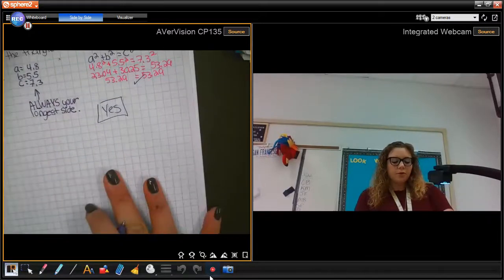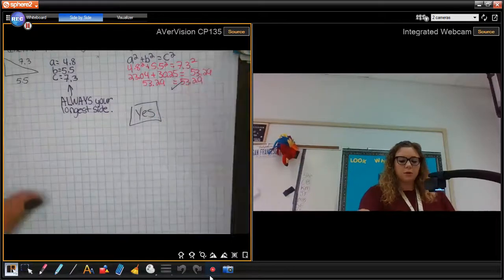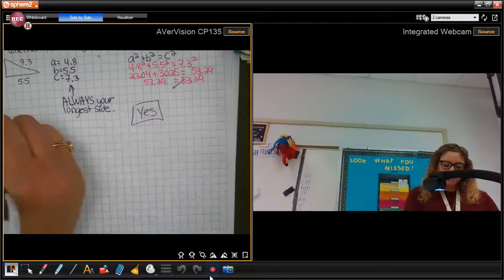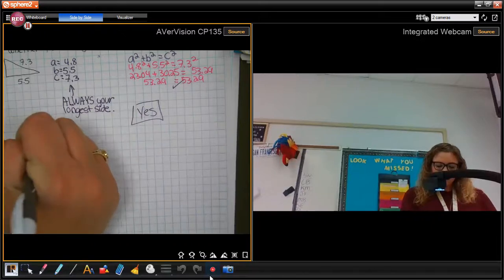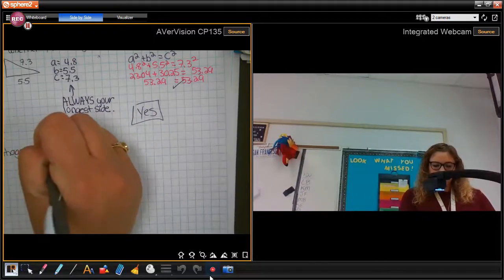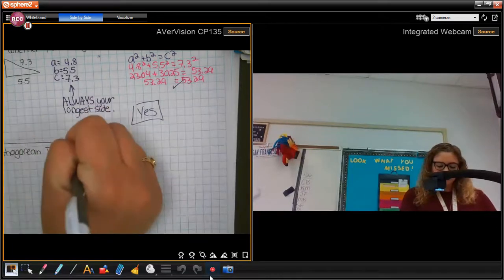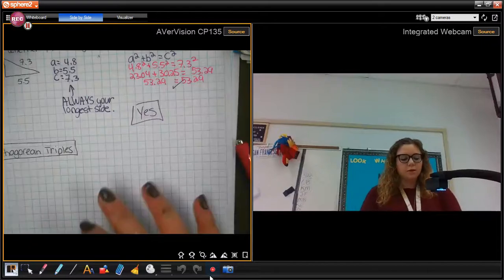Another term you might see is called Pythagorean triples, which pretty much means the same thing. If they want you to see if something is a Pythagorean triple, you're going to do the same process and see if they equal each other.